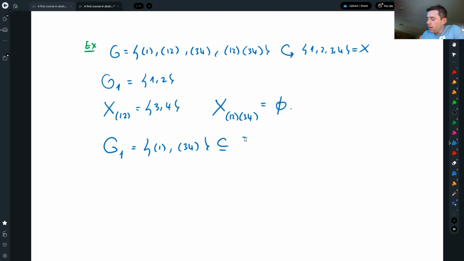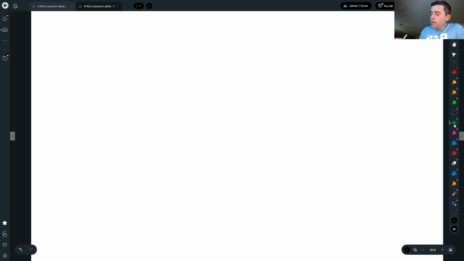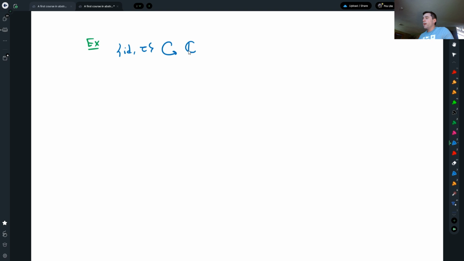And this, again, notice that it is a subgroup like before. Last example, let's do again the action of the identity and complex conjugation on the complex numbers. And let's see what is X tau.